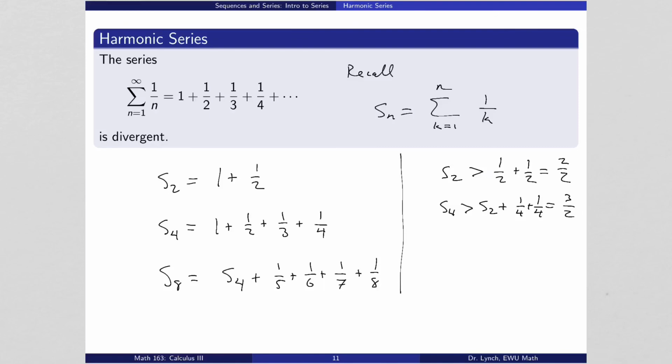Similarly, s sub 8 can be expressed as a quantity that's greater than 4/2. And you can keep going and come up with an expression for s sub 2 to the n, and it turns out to always be greater than n plus 1 over 2. Now, using a comparison test for sequences, we know that n plus 1 over 2 goes to infinity as n goes to infinity, so s sub n does too.